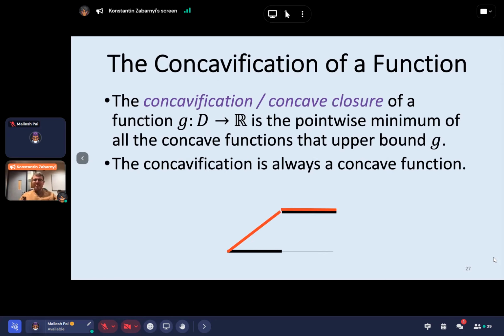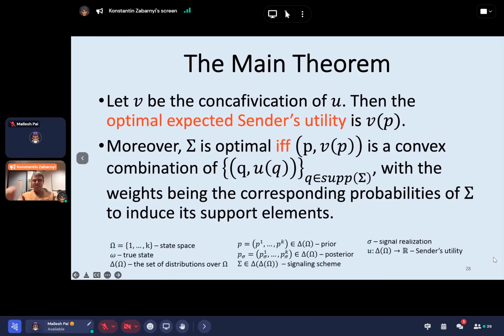And now, given this notion, we're able to present the main theorem of the second approach to Bayesian persuasion. And it goes as follows.